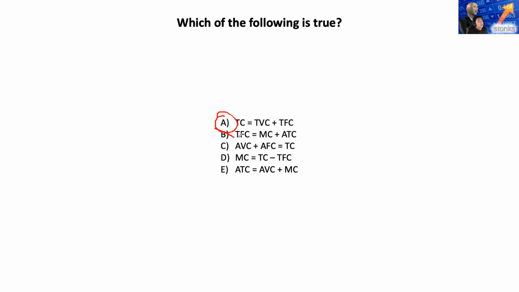No, that doesn't match because it's average. It can't become total all of a sudden. Marginal cost equals total cost minus total fixed cost. No, I don't think so. Marginal cost is the change in total cost over the change in quantity, so that's wrong. Average total cost equals average variable cost plus marginal cost. No, that does not work. All right.